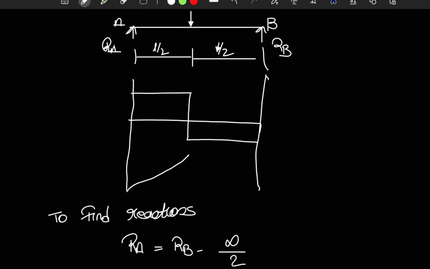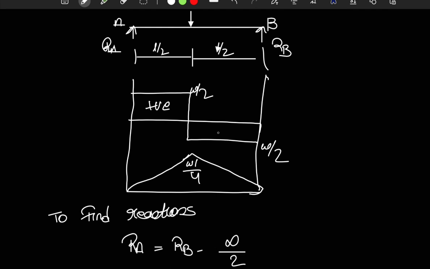Maximum bending moment is at the center, and both ends are 0. It is WL by 4. The shear force is W by 2 and negative W by 2. It is positive bending, it is negative bending.